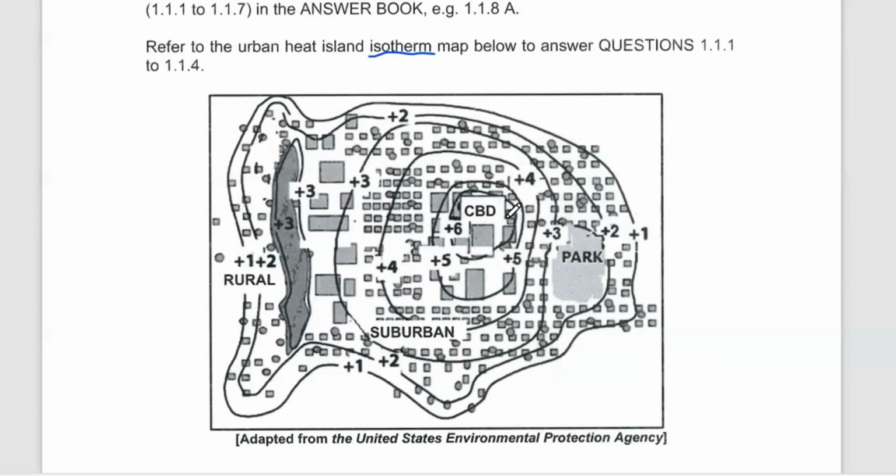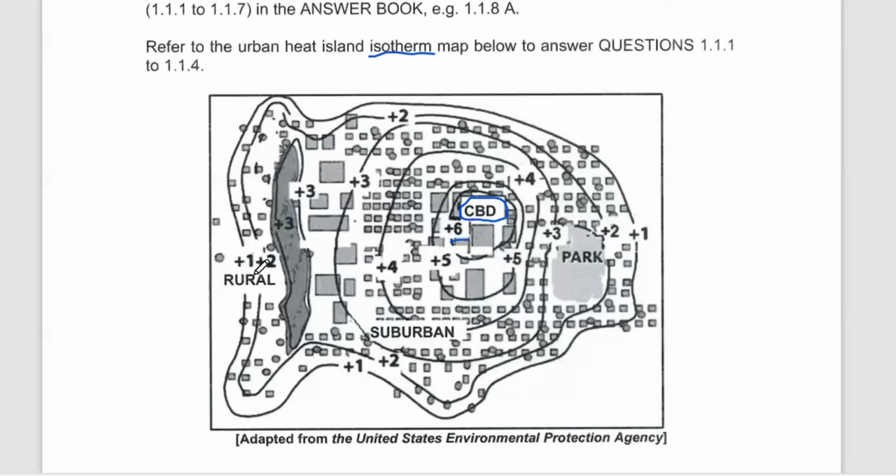This is the CBD, the central business district of this area. The isotherm reading surrounding the CBD is positive 6, which implies that the temperature closer to the CBD is around positive 6 degrees Celsius.